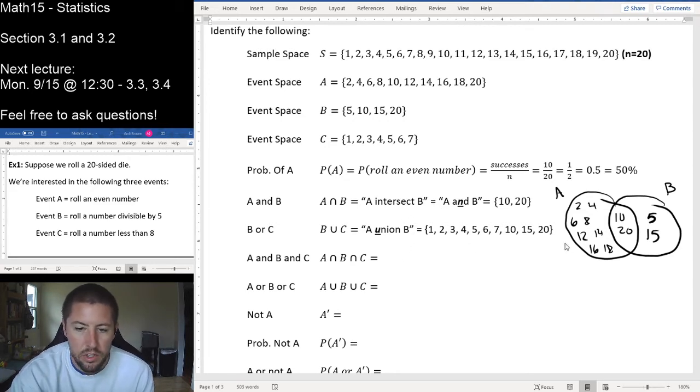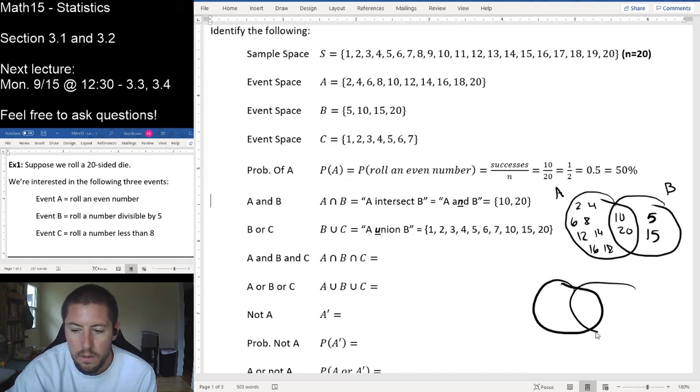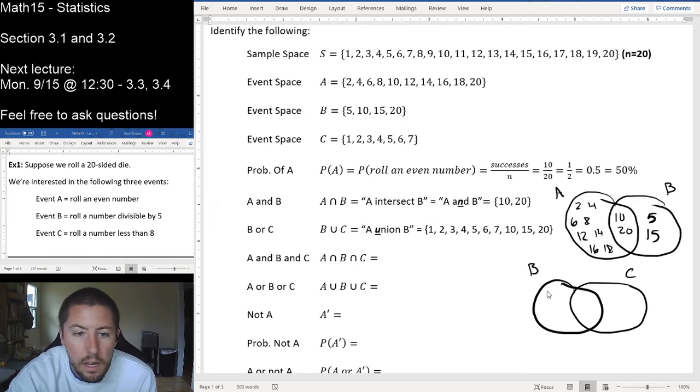On the other hand, we could draw our Venn diagram for B and C here as well. And for B and for C, gosh, I'm not even going to be able to get them all in here. You should notice that, for B, the stuff that's in B is going to be 5, because 5 is also in C, but 10, 15, and 20 are all only members of B. On the other hand, C has 1, 2, 3, 4, 5 is already accounted for, 6, 7.